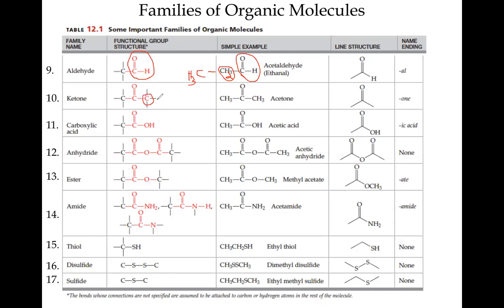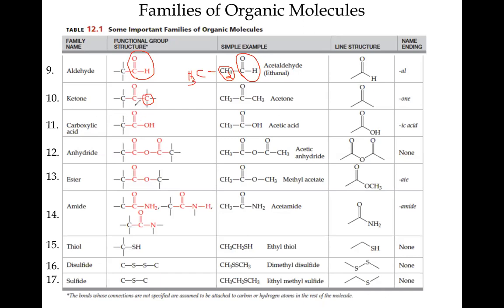So a ketone is a carbon double bound to oxygen with two carbons on either side of it. Acetone is the simplest ketone around. Acetone, you will know, is what makes up your fingernail polish remover. It's a great solvent. It dissolves a lot. It's good with Sharpie, getting Sharpie out of things. And the suffix for that is -one, so acetone.